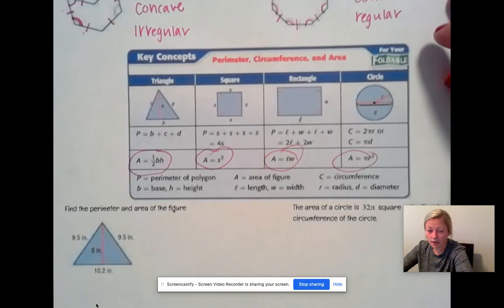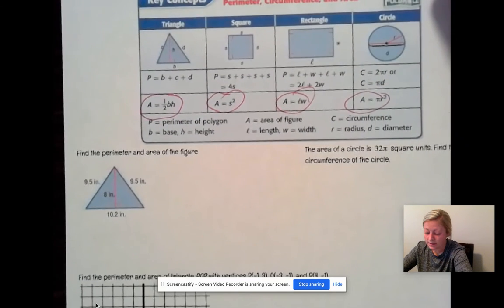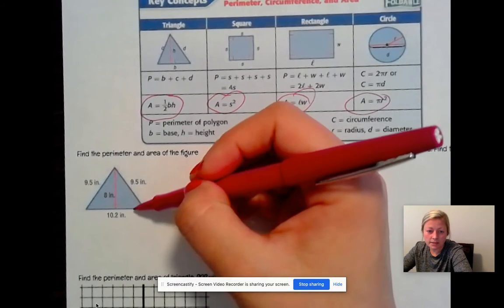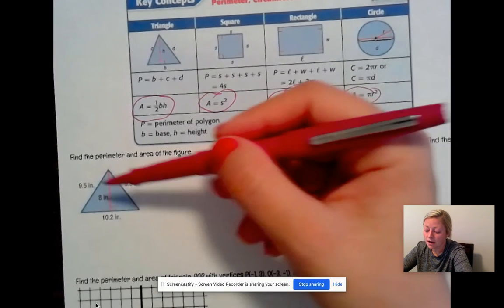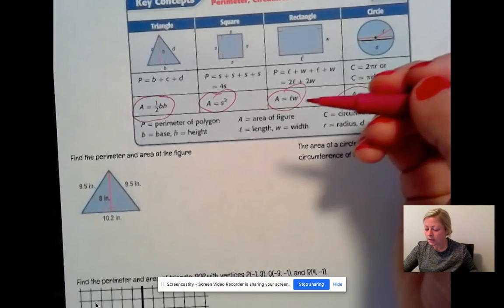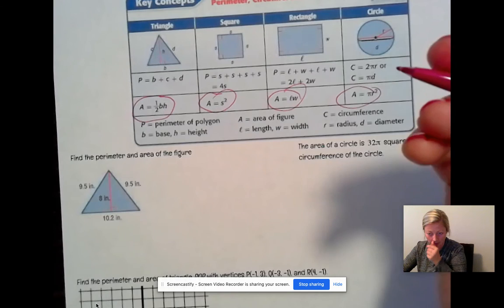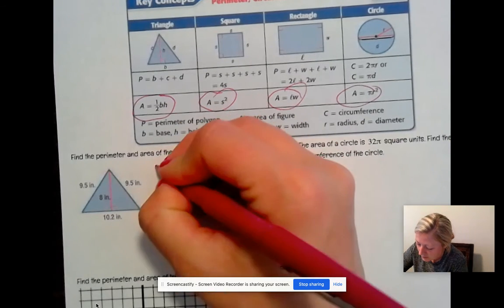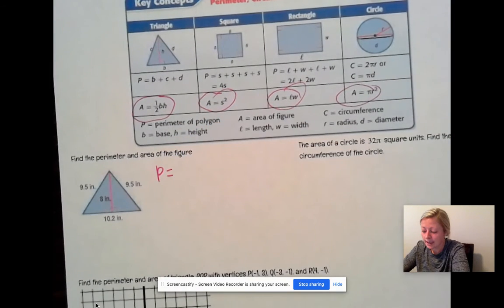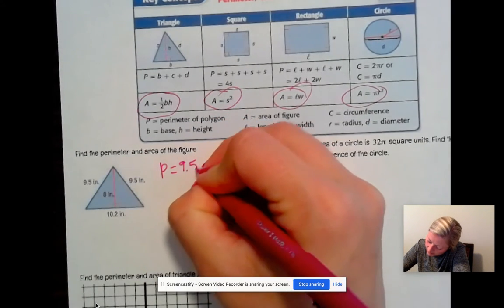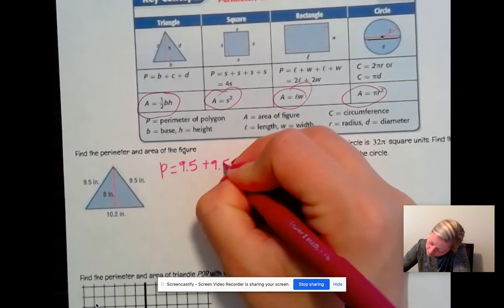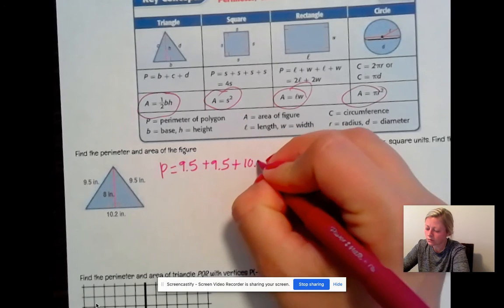So let's try this first one right here. It says find the perimeter and area of the figure. So here we have a triangle. Let's start with the easy one, the perimeter. I'm going to put P for perimeter. It's pretty simple, folks. We just add up all of our sides. So 9.5 plus 9.5 plus 10.2.